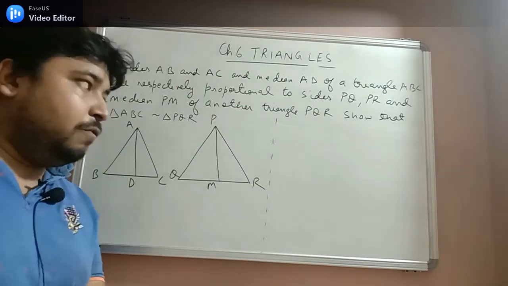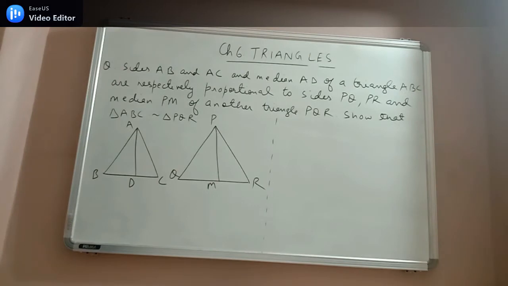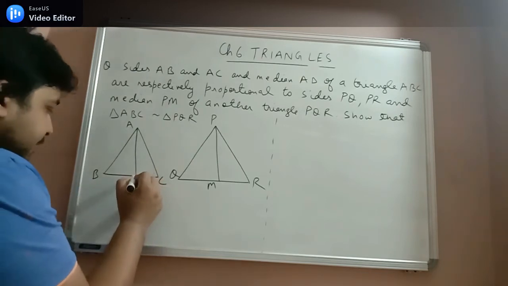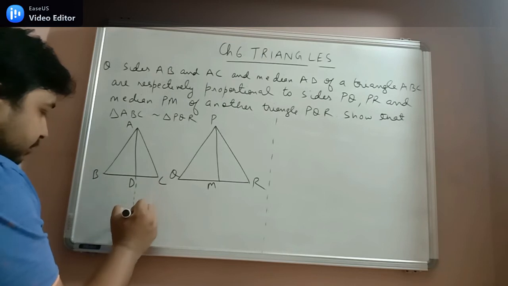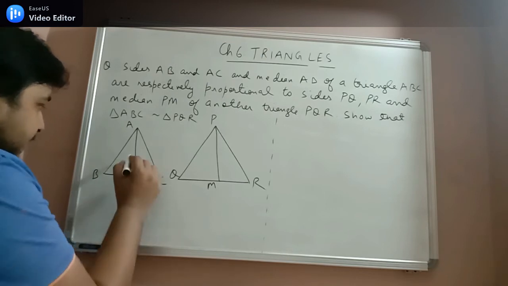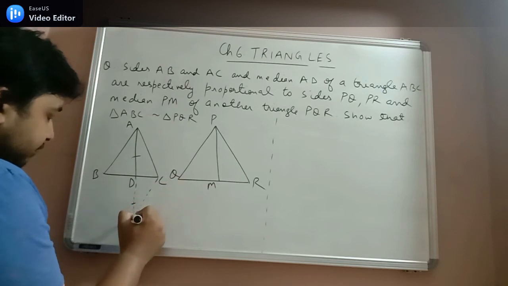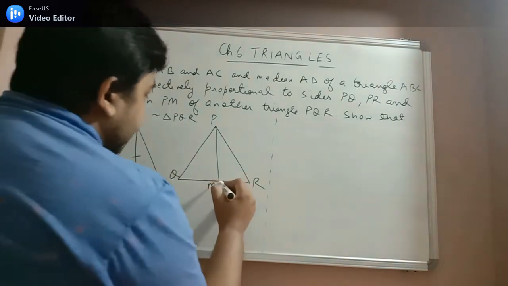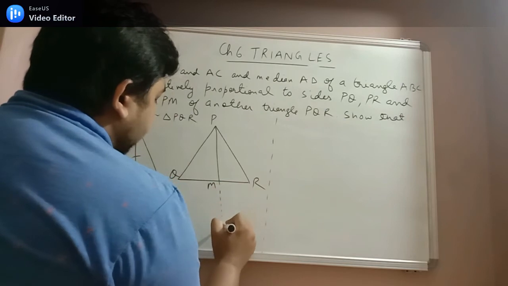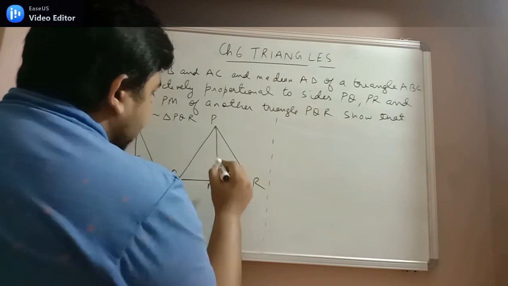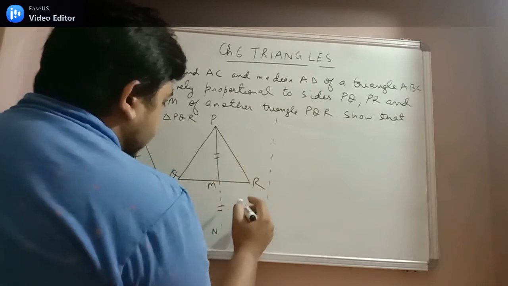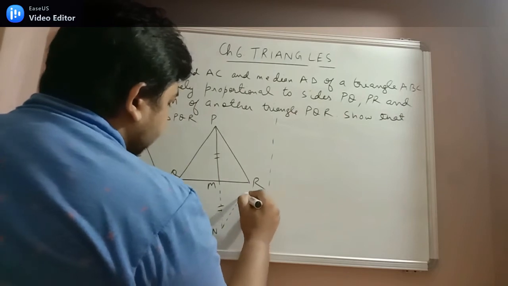Now to prove this particular result, we need to have a construction. Let's extend AD to E such that AD is equal to DE and join EC. Similarly, extend PM to N such that PM is equal to MN and join NR.